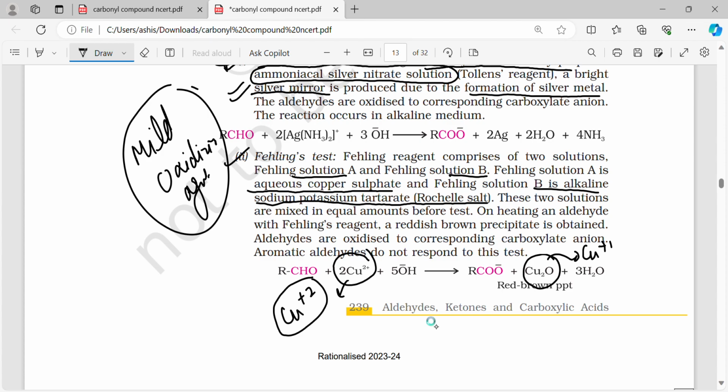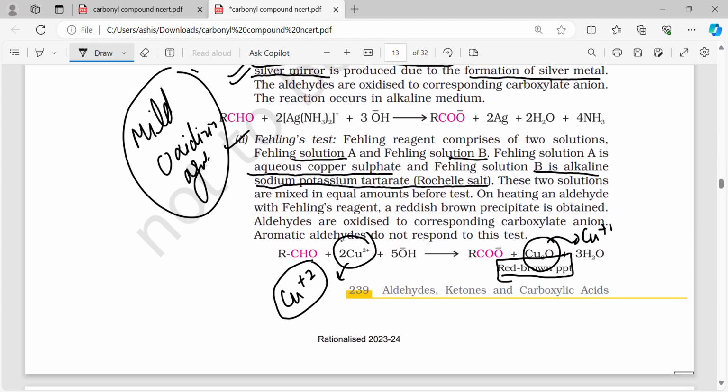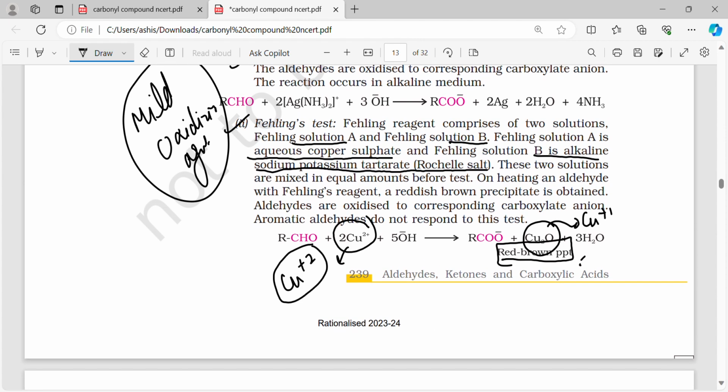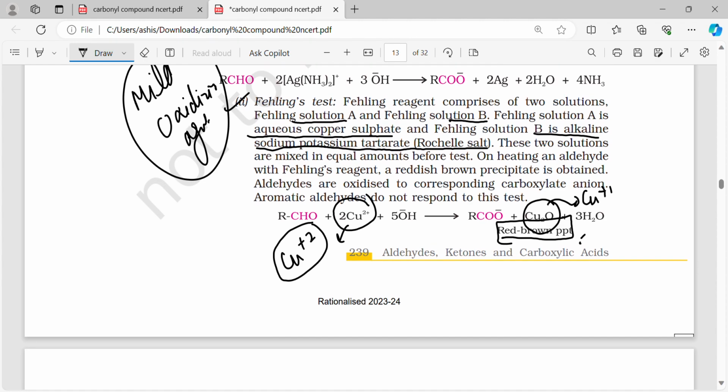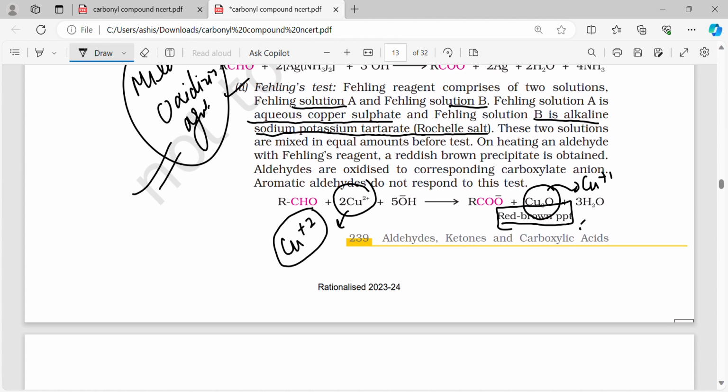We have to prepare fresh Fehling solution by mixing Fehling solution A and B. Now in Fehling solution, copper is present in the Cu+2 state and it gets converted into the Cu+1 state, as Cu2O, and it gives a reddish brown precipitate.